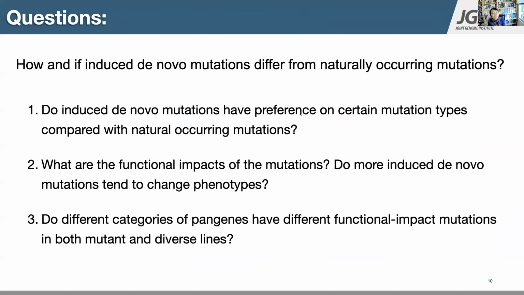First of all, do induced de novo mutations have a preference for certain mutation types compared with naturally occurring mutations? What are the functional impacts of the mutations? Do more induced de novo mutations tend to change phenotypes? And lastly, do different categories of pangenes have different functional impact mutations in both mutant and diverse lines?